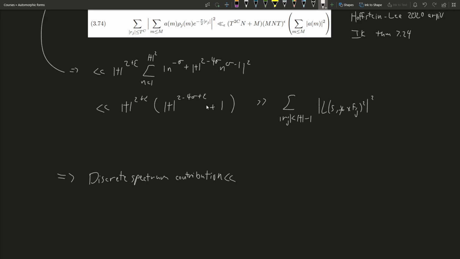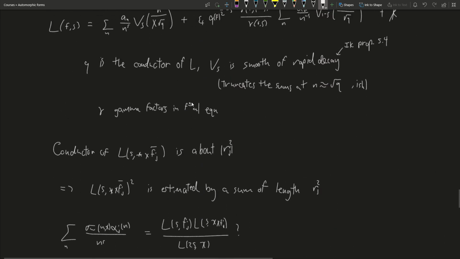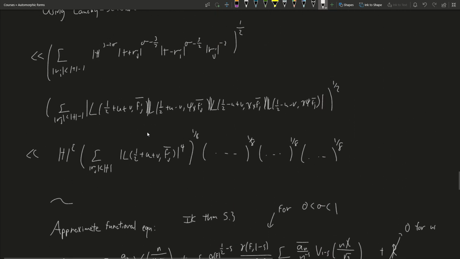Well, our sigmas here, we had 1/2 plus u plus v, 1/2 plus u minus v, 1/2 minus u plus v, and 1/2 minus u minus v. So, okay, let's just assume that u and v both have real part that's strictly positive. Then for this term, let's say the real parts are ordered, where the real part of u is greater than the real part of v, which is greater than 0.